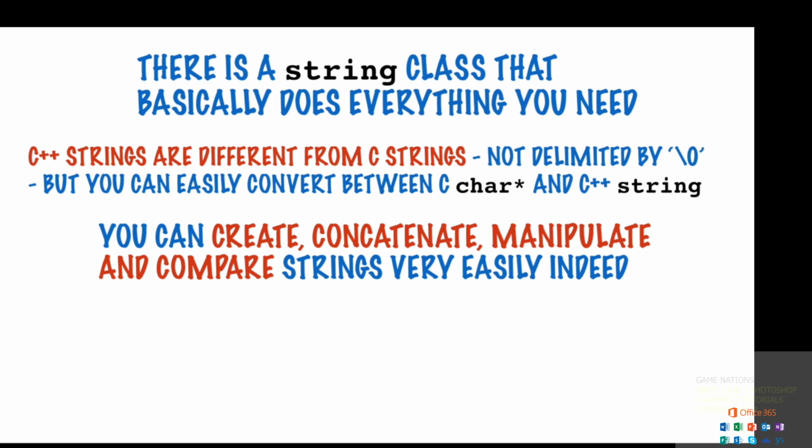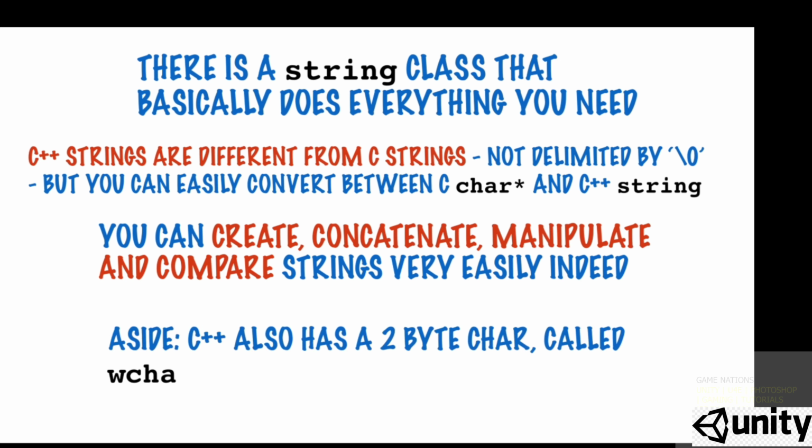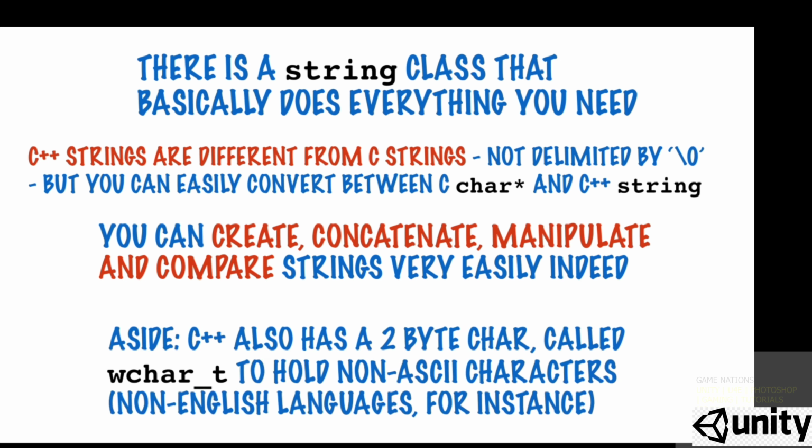Before we plunge into the C++ string world, just a side note. You might recall that in C, the character data type is usually represented using a single byte. This is just enough to hold all of the ASCII values, which are the characters of the English alphabet. However, it's not enough to hold other alphabets from other languages such as Chinese, Japanese, Korean, or European or other languages.